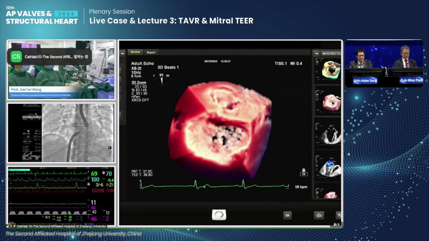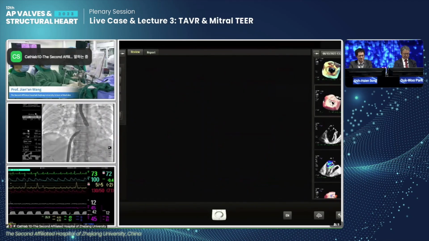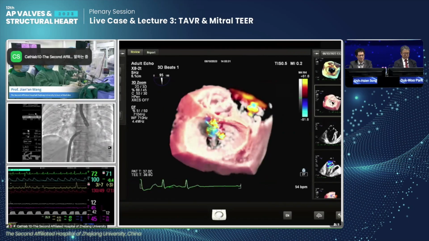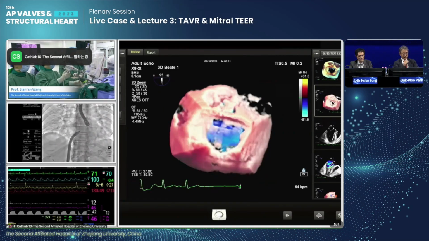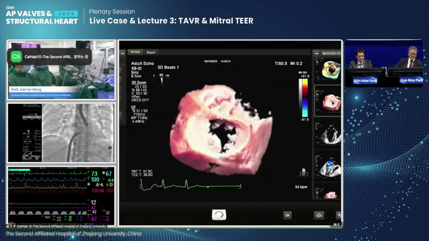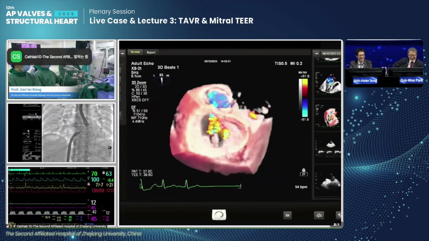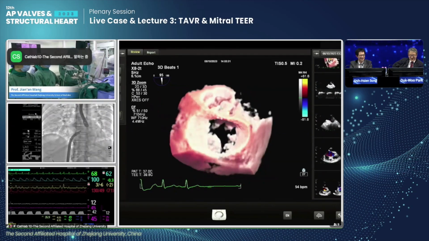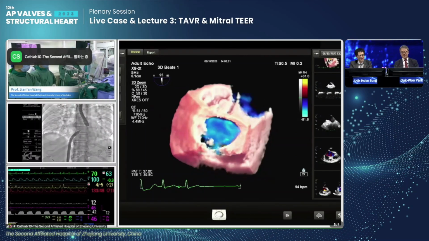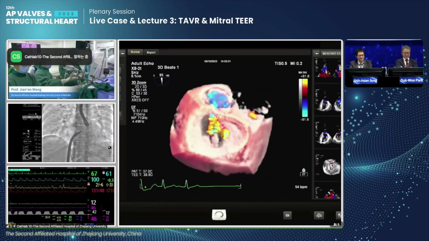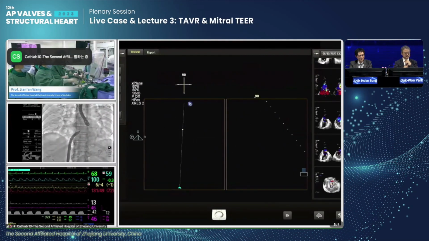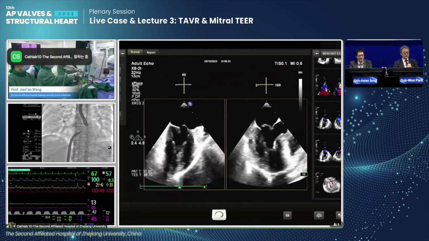And we think it will be approved by the CFDA in the late part of this year. I think the mechanism is quite similar to the MitraClip and the PASCAL. However, there are some innovations, including the spacer design, and also you can see right here the stabilizer and the readable parameters. There are so many changes.